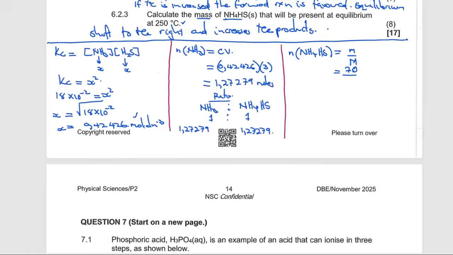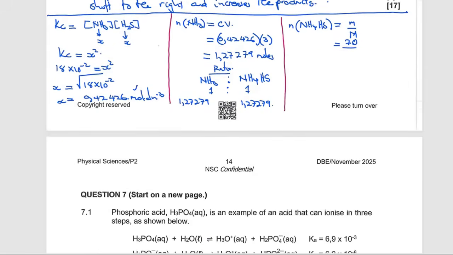So it is equivalent to what? In terms of our molar mass there, I'm going to say nitrogen is 14 multiplied by 1, plus again there, hydrogen, which is 4 hydrogen, so it's 1 multiplied by 4. Then plus again your hydrogen, which is 1 multiplied by 1, and then plus our sulfur, which is 32 multiplied by 1, right?